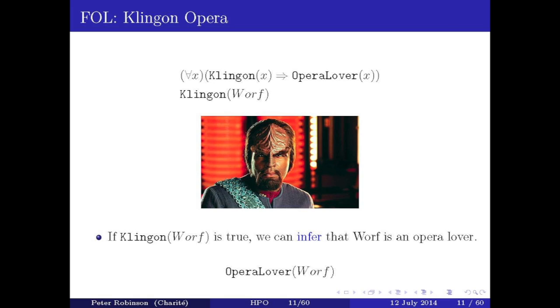This means for all x, the fact that x is a Klingon implies that x is an opera lover. It's not Puccini or something, there's Klingon opera, but this is actually true. And Trekkies know this to be true. This guy is called Worf, and this statement says Worf is a Klingon. And so using ontology reasoning, we can automatically infer that Worf is an opera lover.